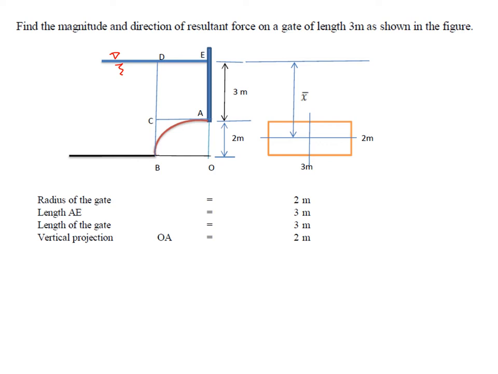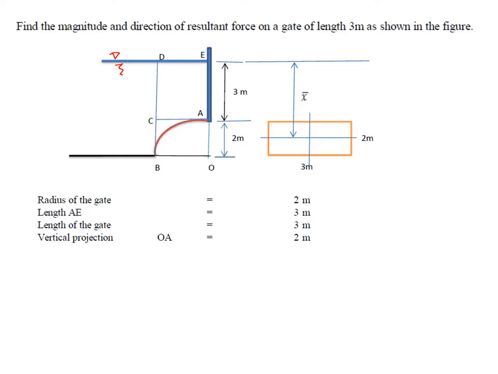The length of the gate is given as 3 meters. In order to find the horizontal force, we have to project AB onto the vertical plane. The projection of AB on the vertical plane is AO into length. AO is 2 meters, into 3 meters.